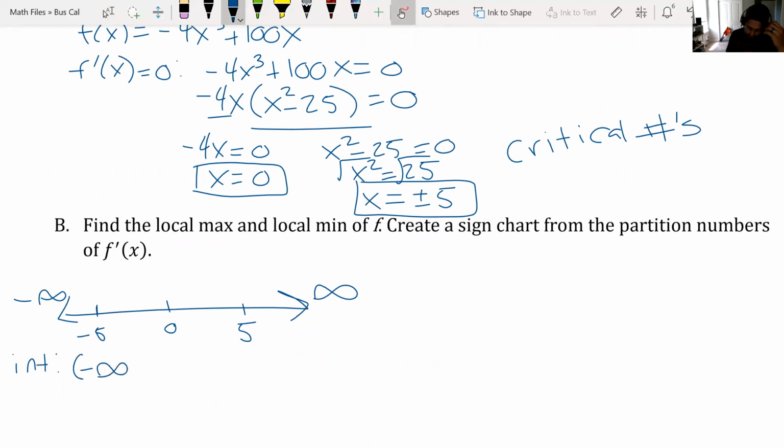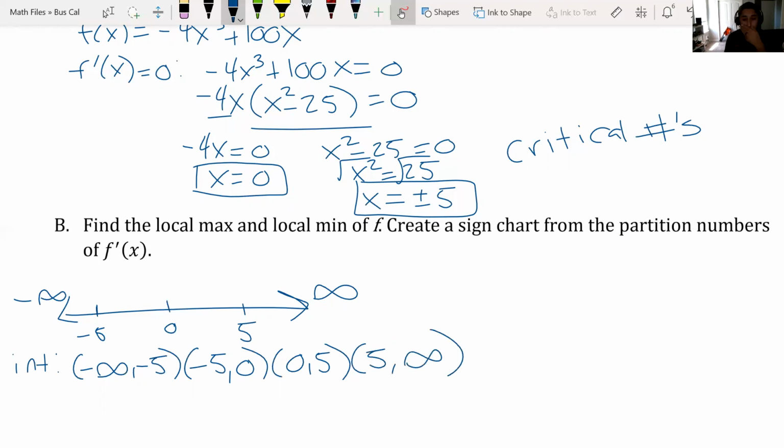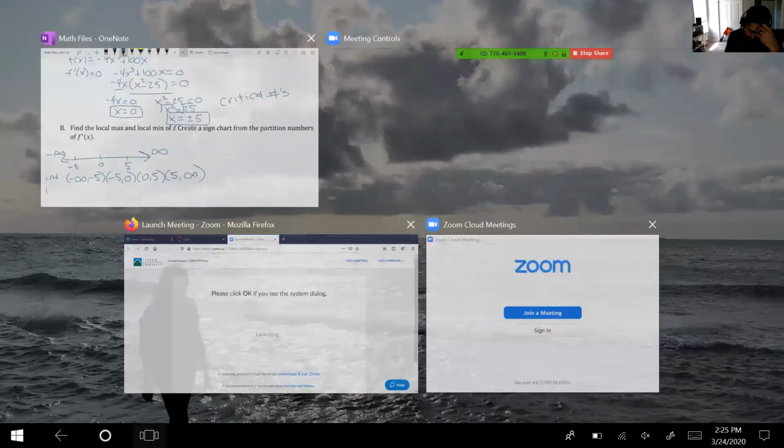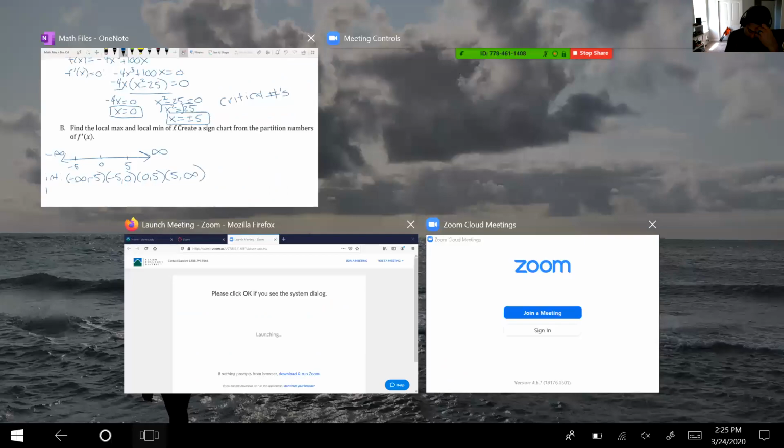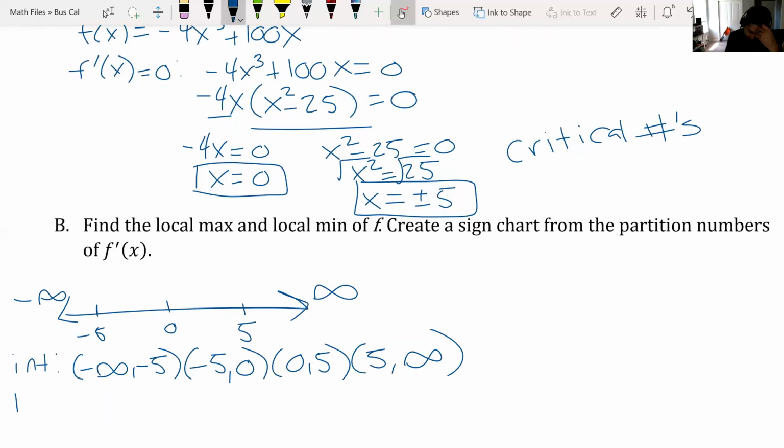Intervals: negative infinity to -5, -5 to 0, 0 to 5, 5 to infinity. Too close to the edge.